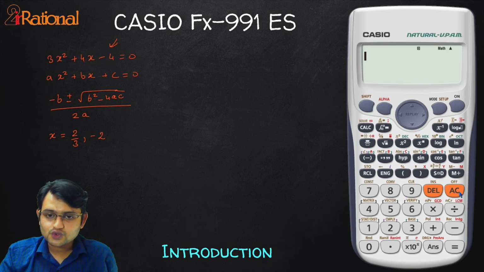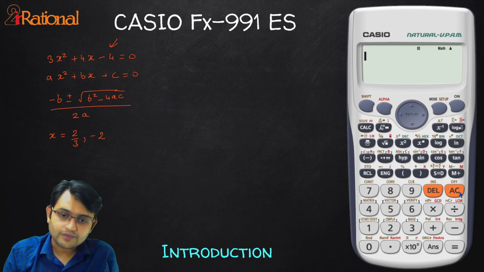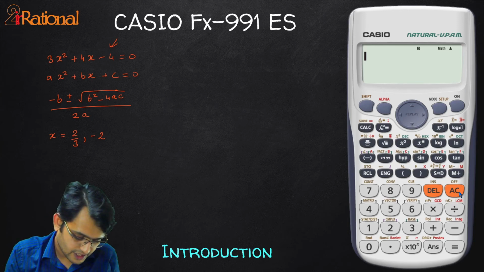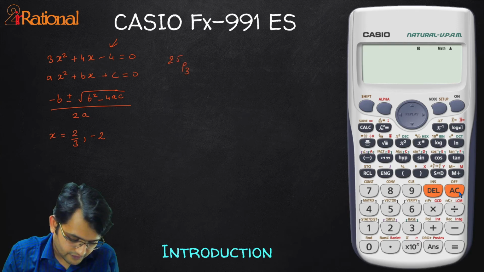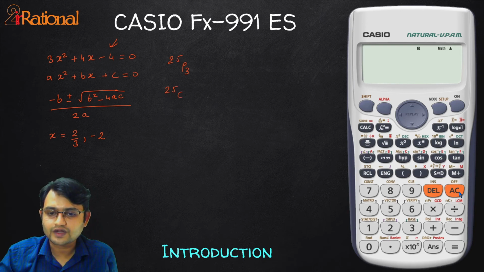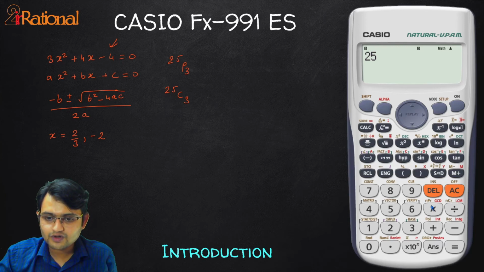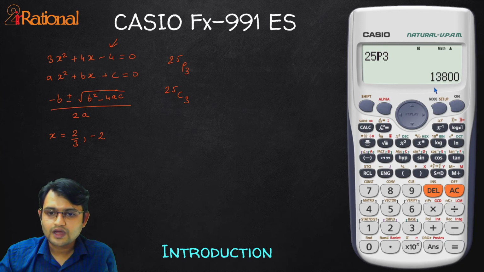Now I'll show you examples of permutation and combination. Let's say I want 25 P3 and 25 C3, these are the values that I am trying to find. First I will write 25. Next I will press shift, and P is above this into button, so I will just press that. I get a P, and then if I press 3, press equal to, I get this.